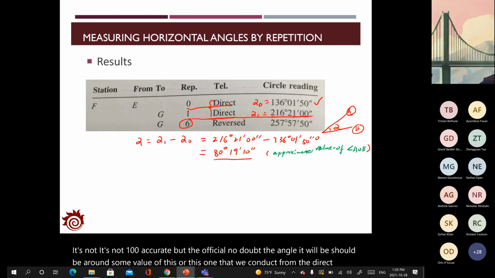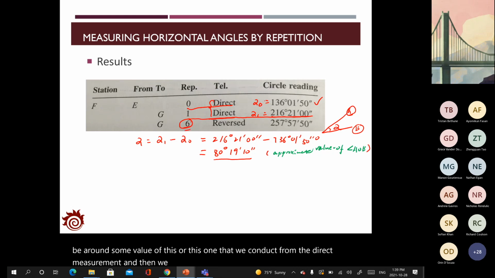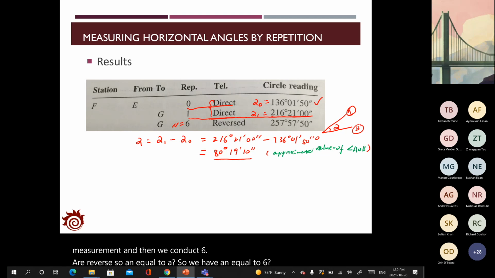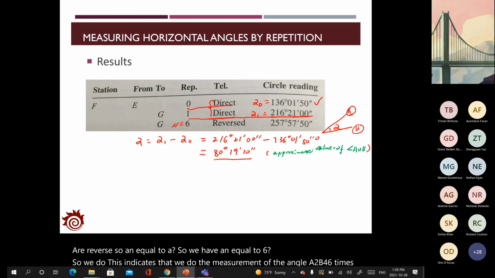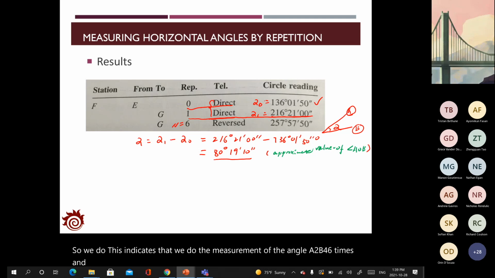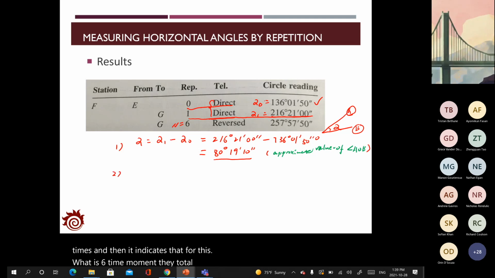And then we conduct 6 reverses, so we have n equal to 6. This indicates that we do the measurement of the angle A to B for 6 times, and for the 6th time measurement, the total angle that we measured will be approximately n times alpha.